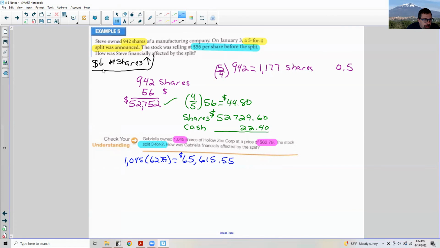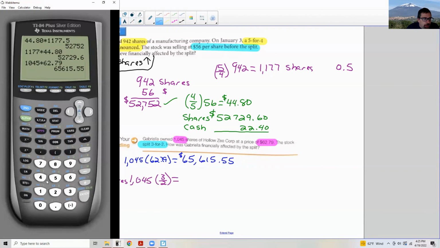Shares went up, so the dollar value is going to go down. So for the shares to go up, you want to take your shares, 1,045 shares, and multiply it by the ratio greater than 1. And that's going to equal 1,045 parentheses 3 divide 2.